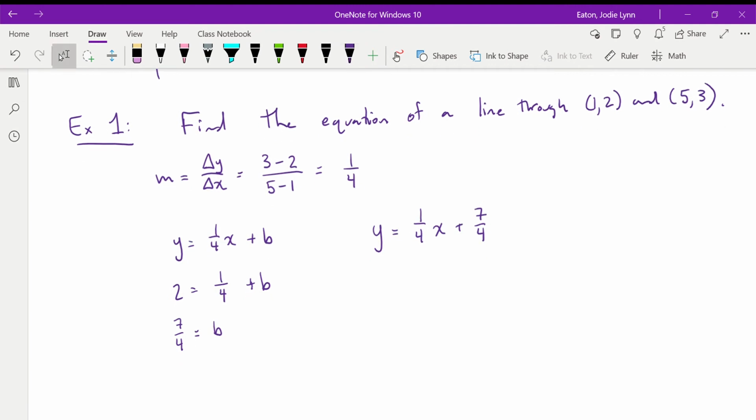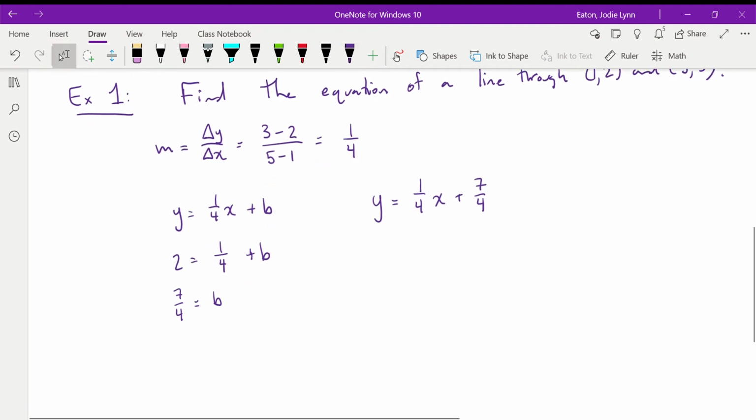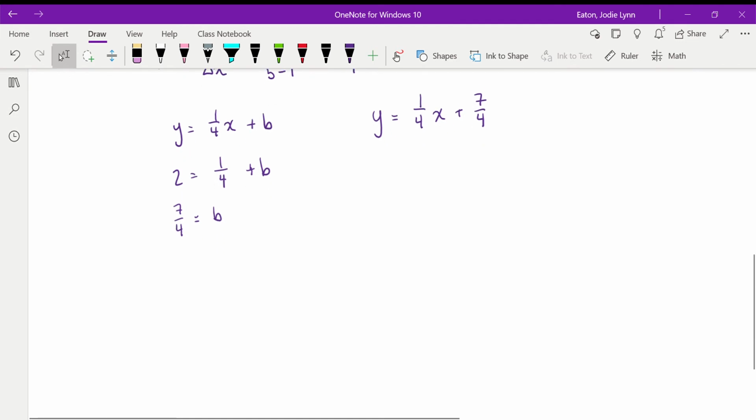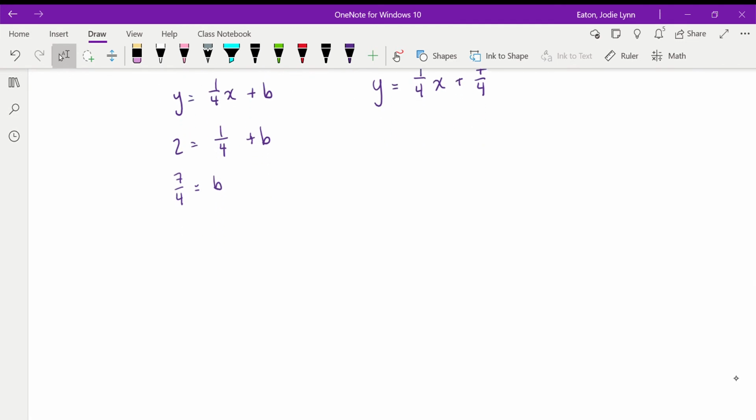Okay. So what happens if we want to find the equation of a line tangent to a curve?